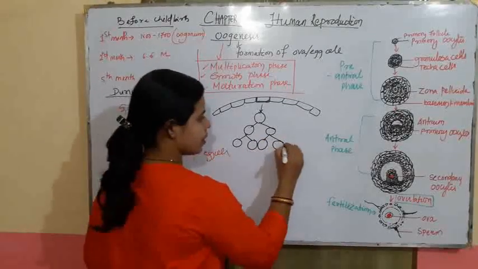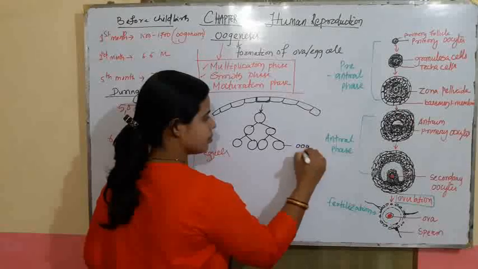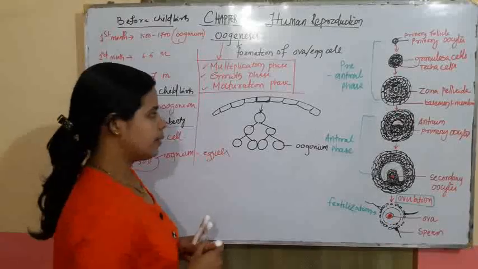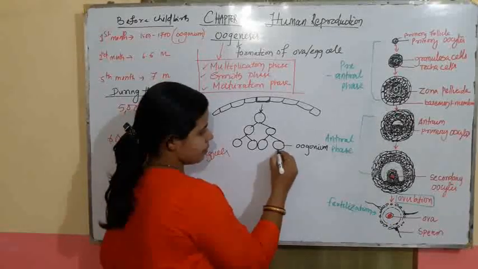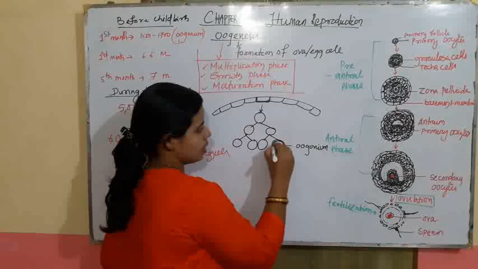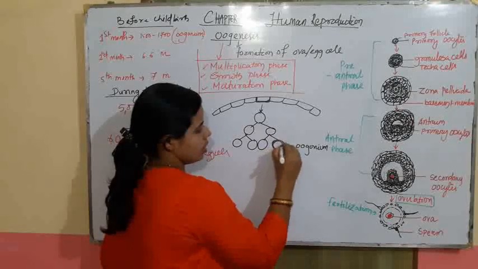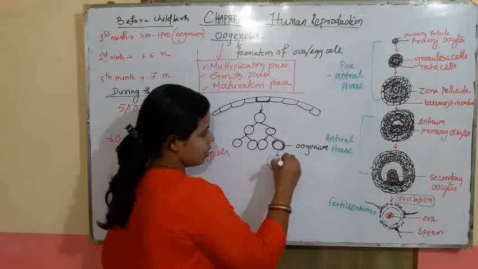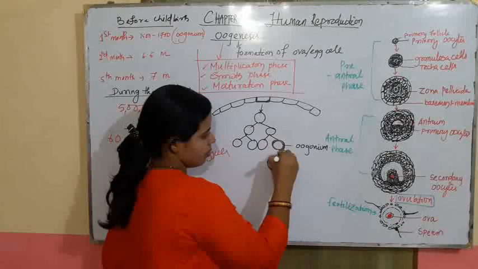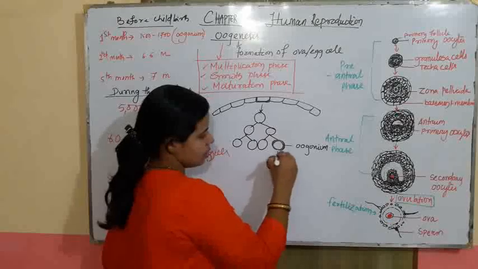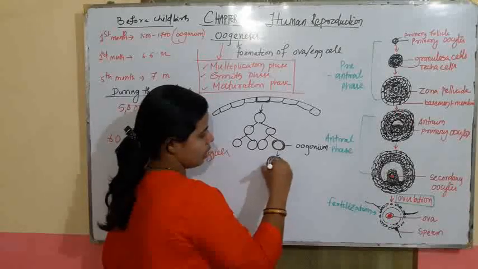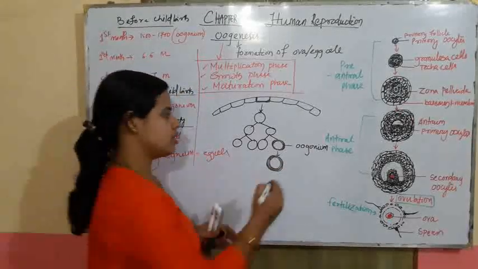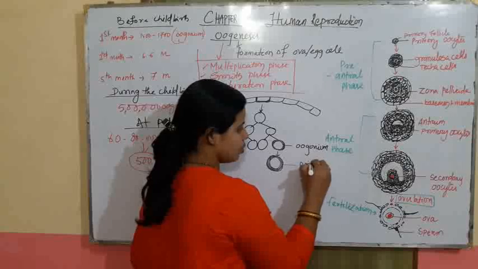The oogonium which undergoes the formation of an oocyte is known as the primary oocyte.